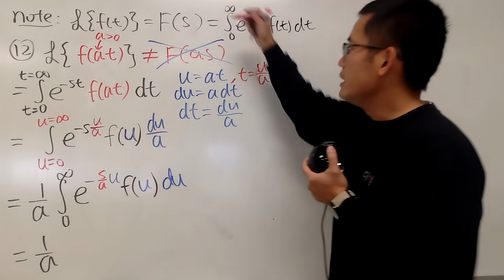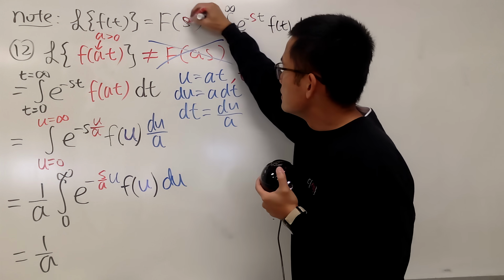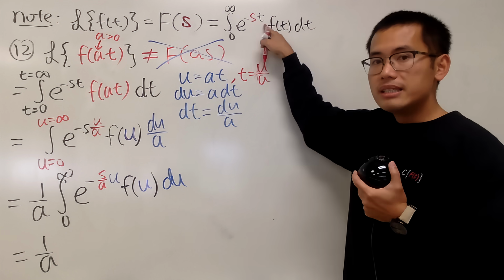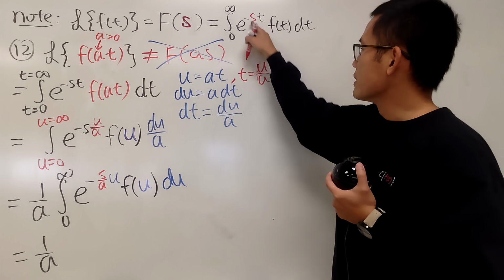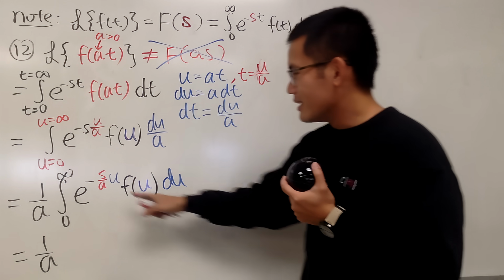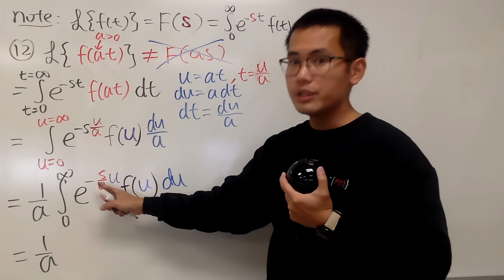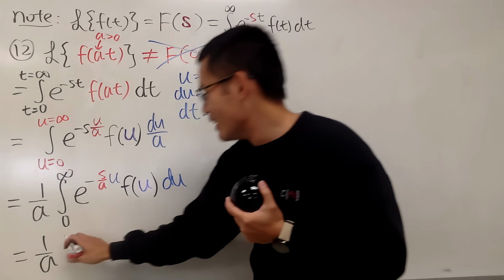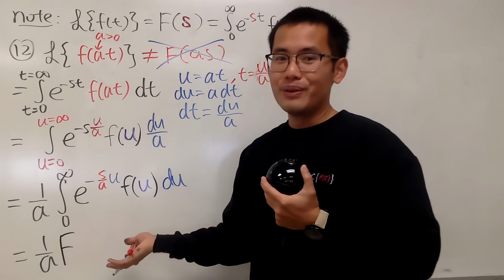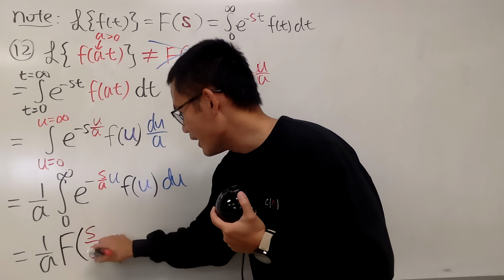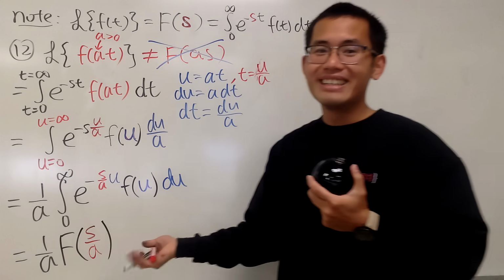You see f of s and that match, and then the t match, and we have the negative and also the infinity and 0 on the top. Here, this right here is our new input in the s world. So all we have to do is put that down into capital F. So we have capital F of s over a, just like that.